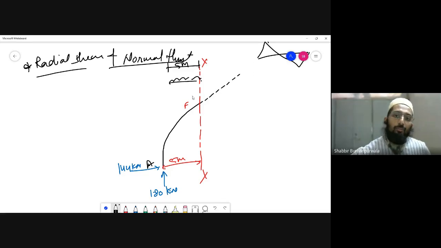Okay, and perpendicular to the tangent what do we have? We have our, थोड़ा सा साइड से चला गया, सॉरी.